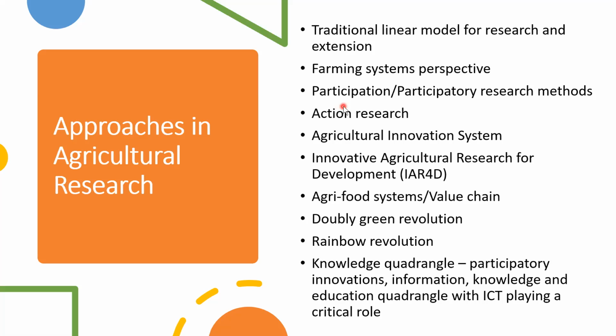Then we use participatory research methods. Sometimes we involve people of different aspects, to find out the solution of different issues. But action research is specifically for when you have some issue. For example, we have a white fly in the cotton.